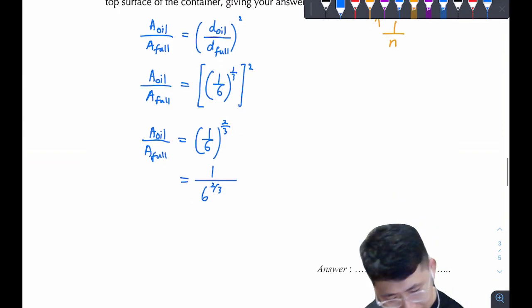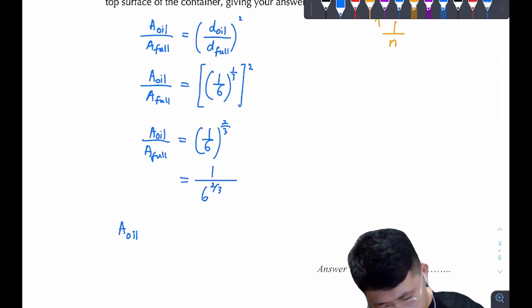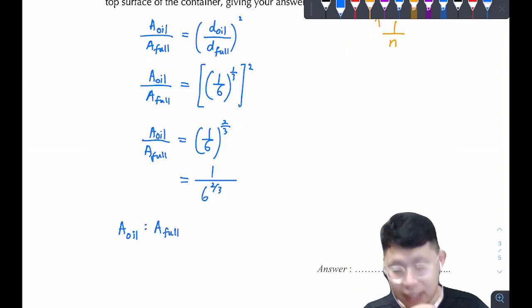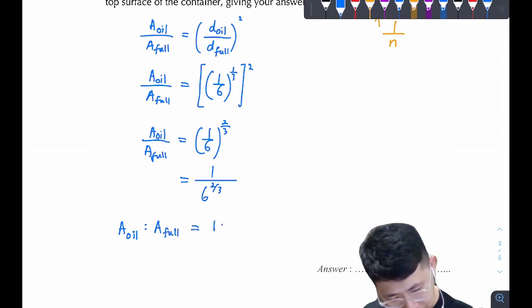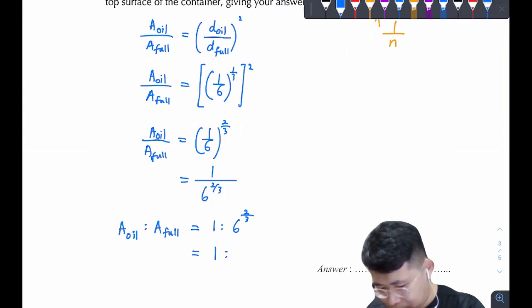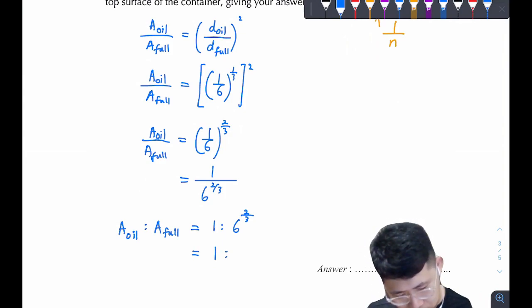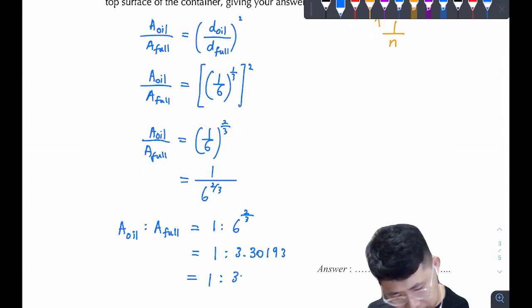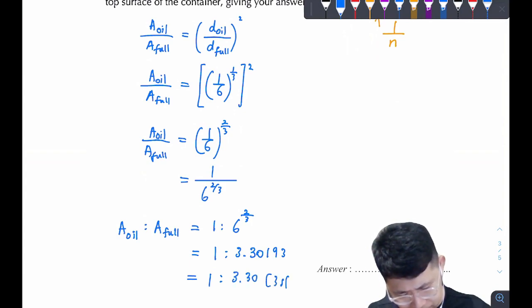So then my ratio, area of the top of the oil to the area on top of the full thing, is equal to 1 part is to 6 to the power of 2 thirds, like this. So this is going to be 1 to 6 to the power of 2 thirds, which is 3.30193. So roughly 1 to 3.30 to 3 SF.